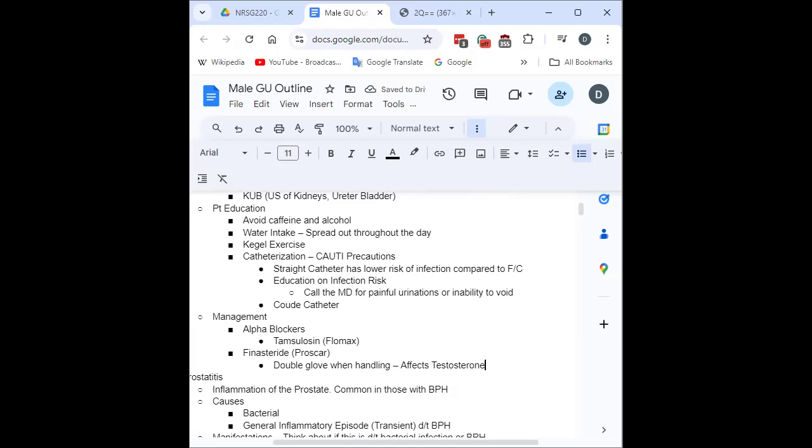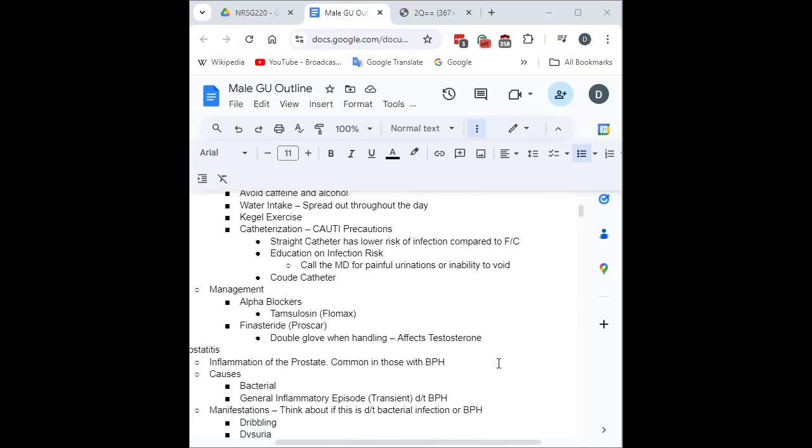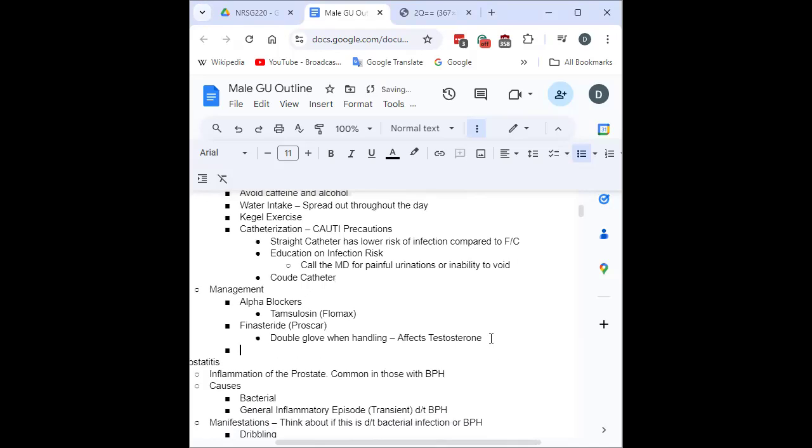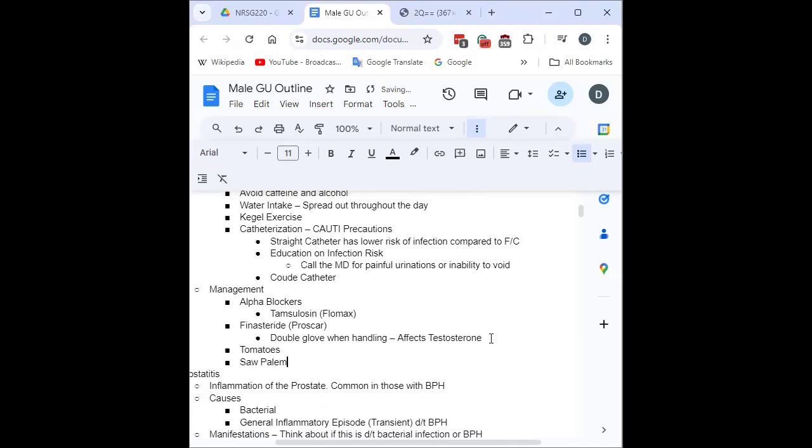Can you guys think of some non-pharmacological options? Tomatoes, yeah. So non-pharmacological can include tomatoes, saw palmetto, yeah.